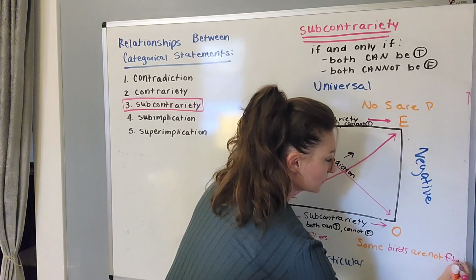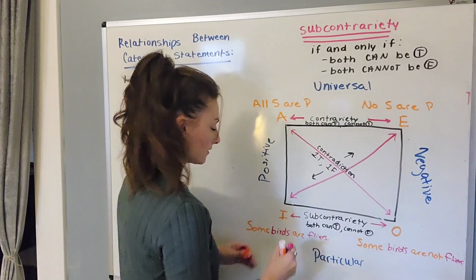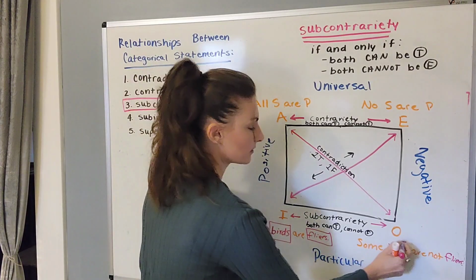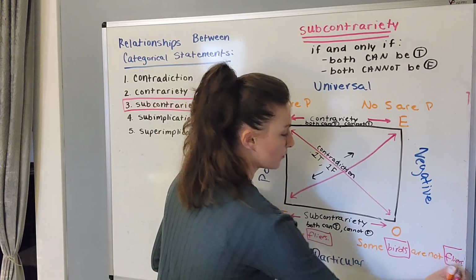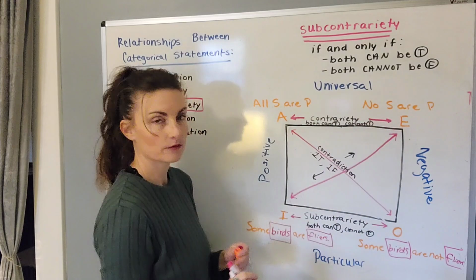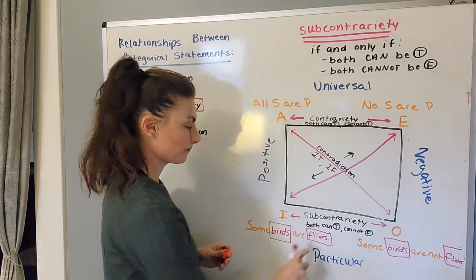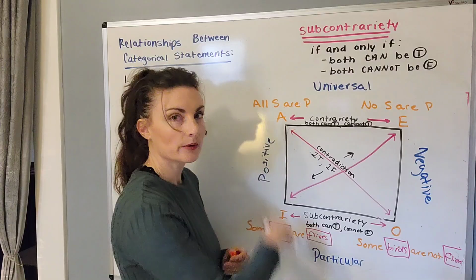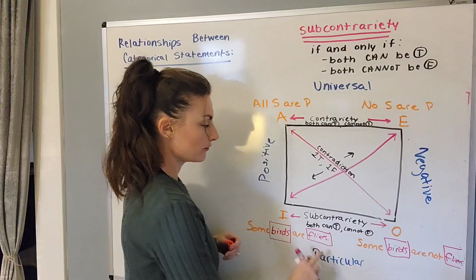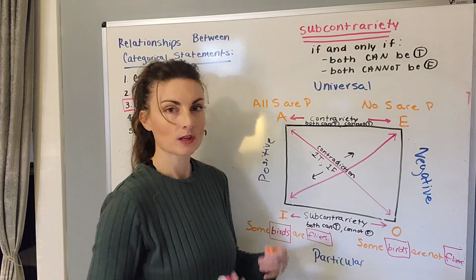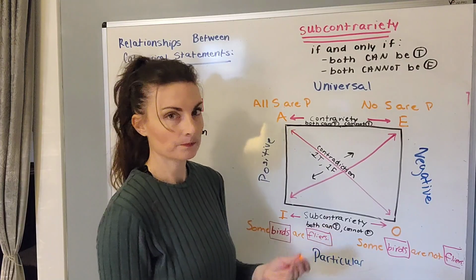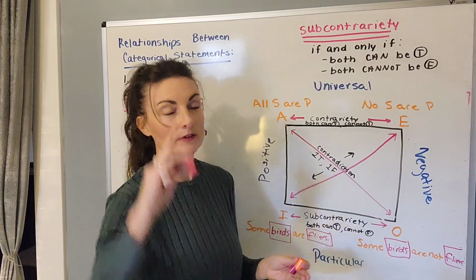To recap, when we're dealing with the square of opposition, all of our statements are going to talk about the same subject and the same predicate. So our subject class is birds in all of our statements, and flyers is our predicate class. So some birds are flyers, some birds are not flyers. Well, we know for a fact that both of these are true. Some birds fly, think of an eagle. Some birds do not fly, think of a penguin.